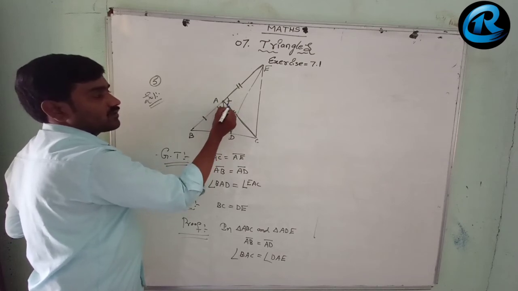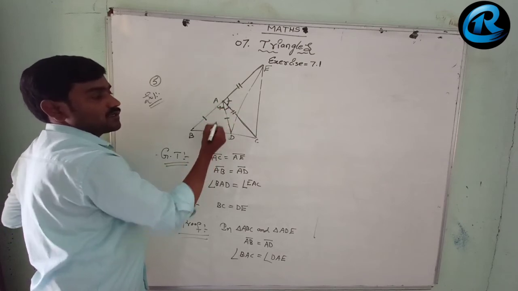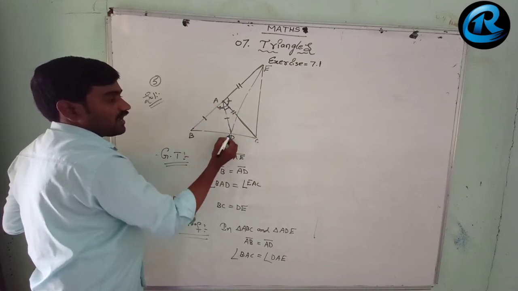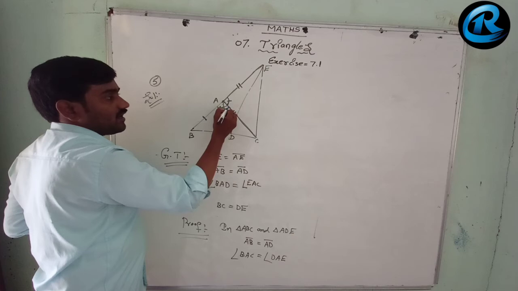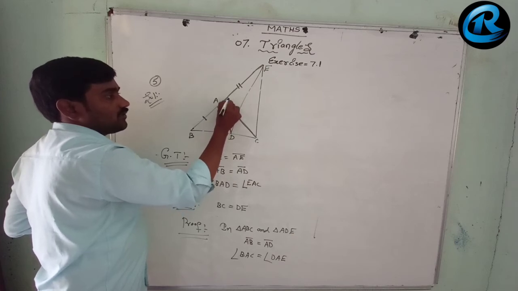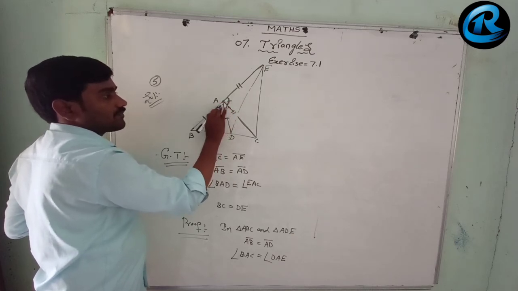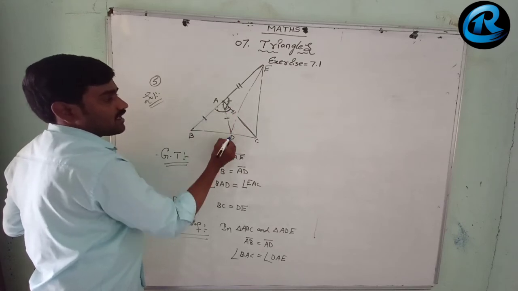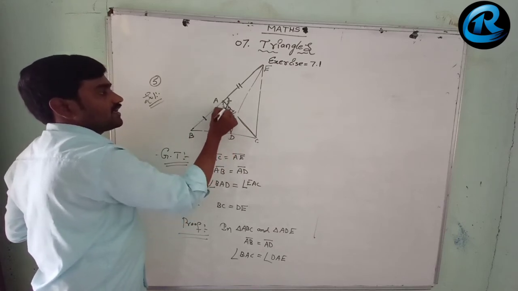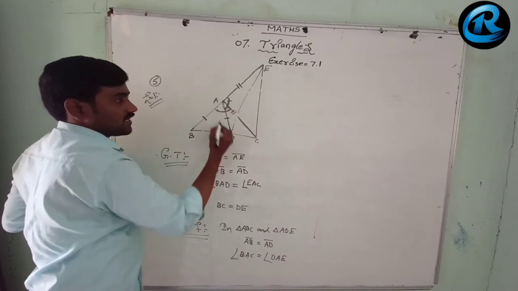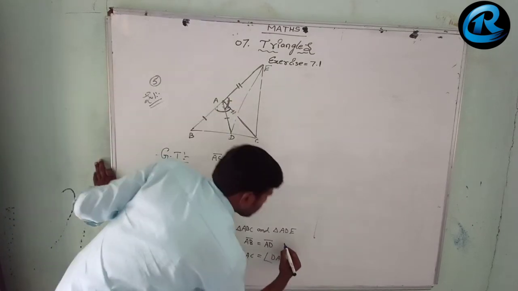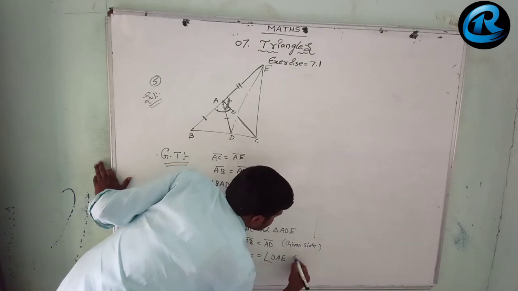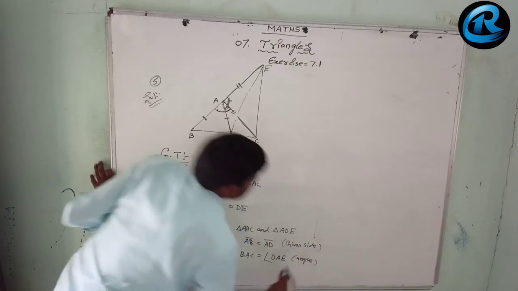So if you take angle BAC, this complete angle, and angle DAE, these two angles will be equal. Now this is a given side and this is an angle, both are equal.